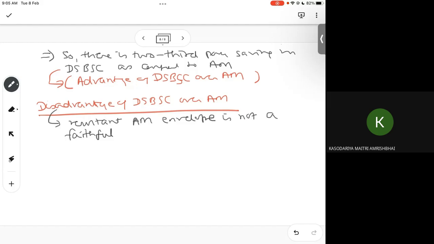So in this case, what will happen? Your resultant AM envelope that we got is not a faithful representation. That is the biggest disadvantage of this modulating signal, because the carrier is not there. So it's not a faithful reproduction or representation of the modulating signal, which is my message signal.